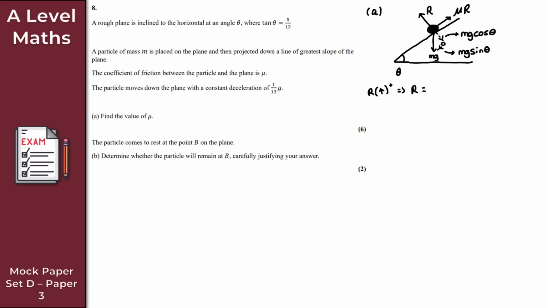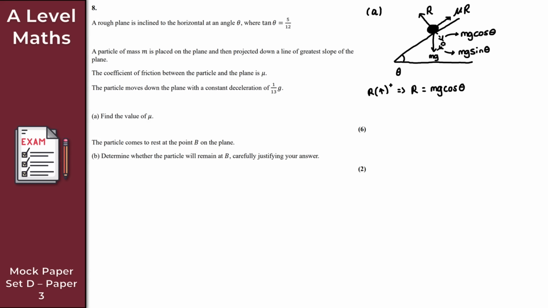There's no acceleration in this case, so the forces acting up are equal to the forces acting down, right? So R is equal to this component, mg cos theta. So that's all well and good.